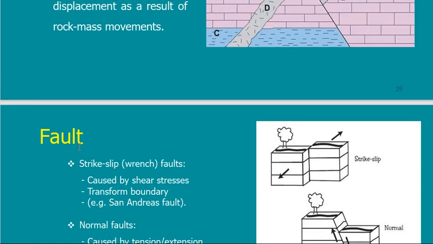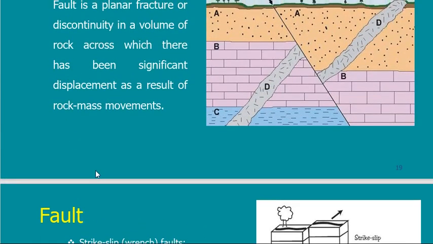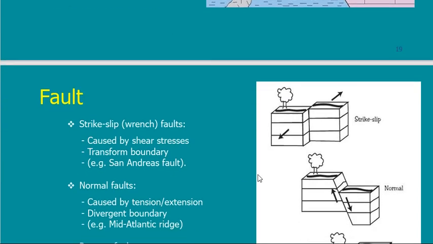What are the types of faults? We have three main types of fault. Let's take the normal type of fault. It means that the piece of land with this tree is the original ground level. If the original ground level is here and part of the soil moves down, then this is called a normal fault.